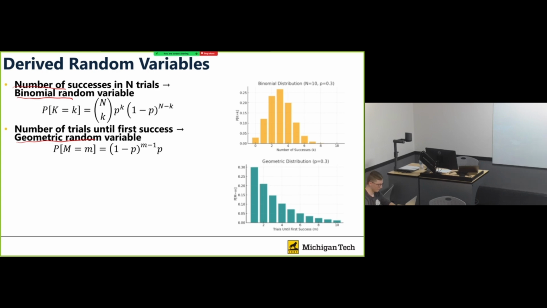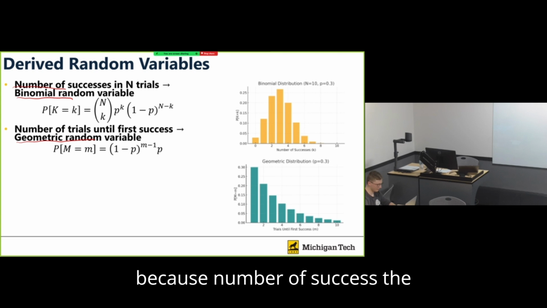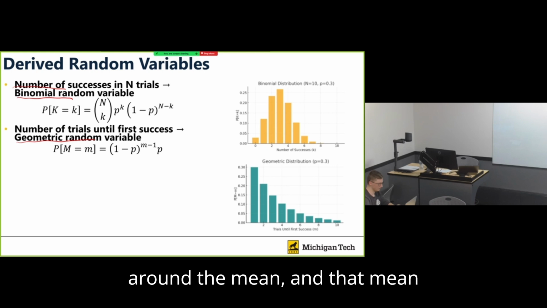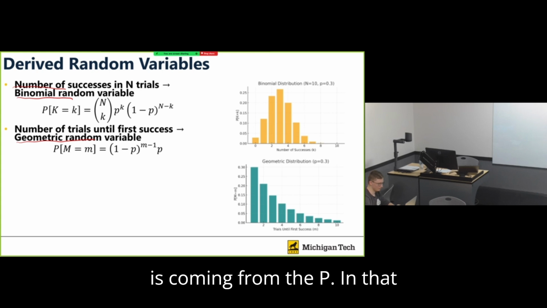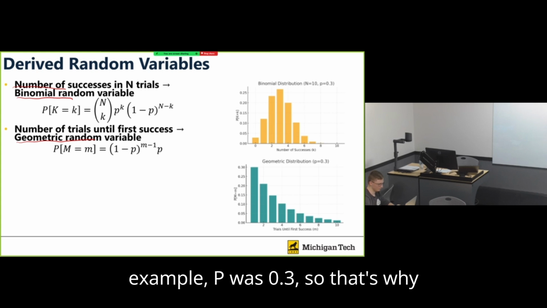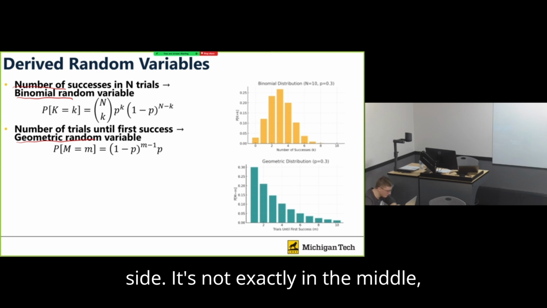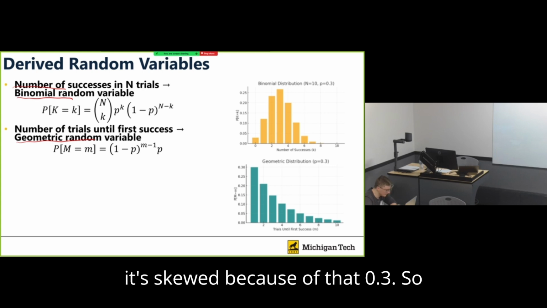The probability of k being 2 is that, and as you can see, they are around the mean, and that mean is coming from the p. In that example, p was 0.3, so that's why there is a little scoot to this side. It's not exactly in the middle, it's a scoot because of that 0.3.